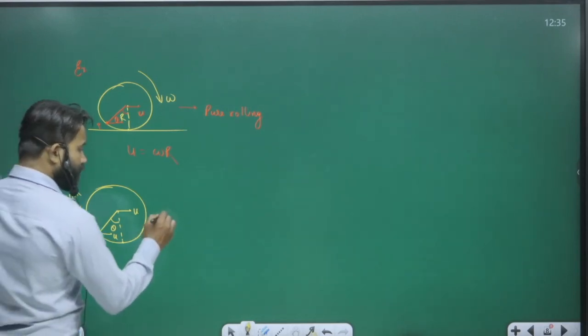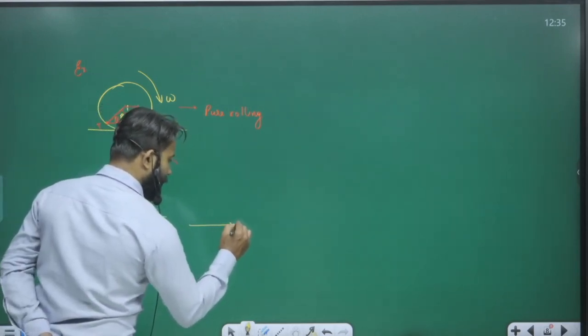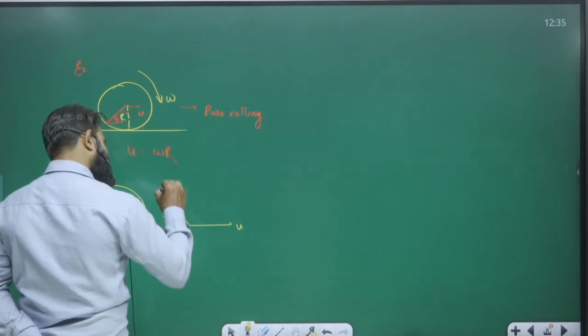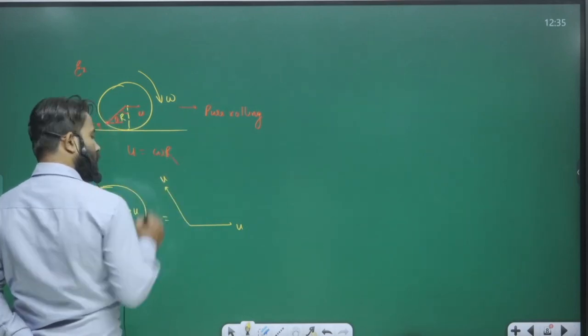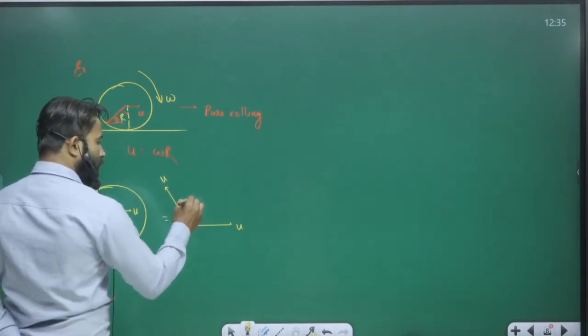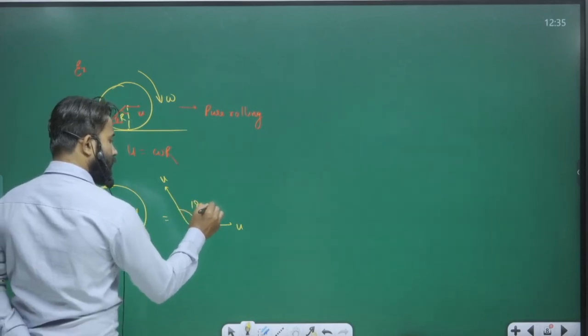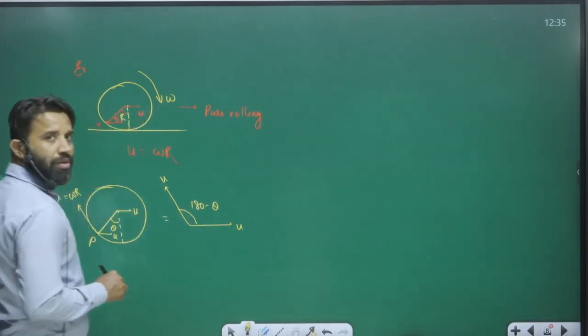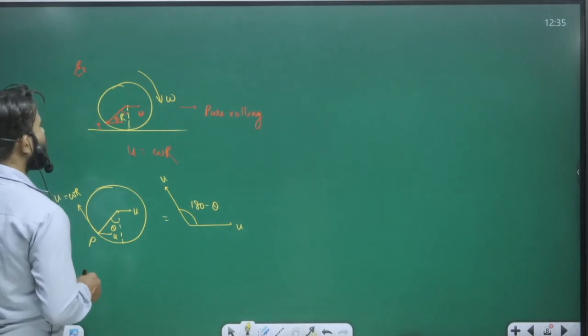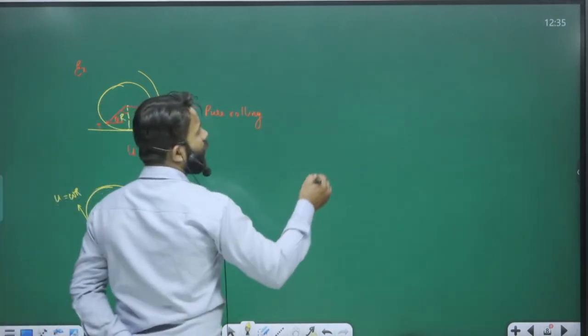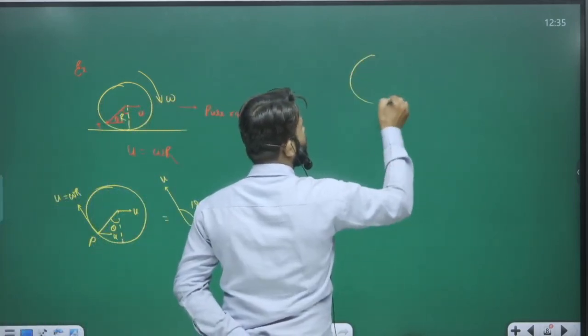Now the vector diagram can be drawn like this: this is u, and this angle is 180 minus theta.